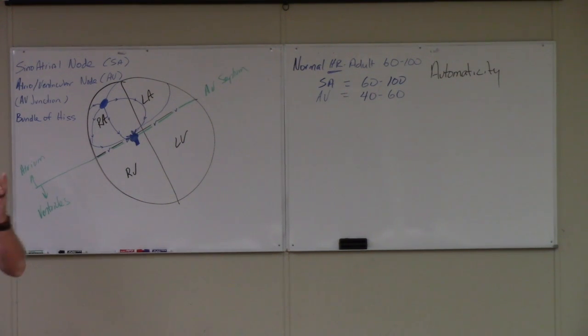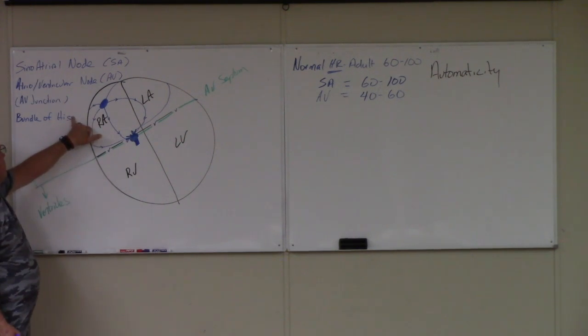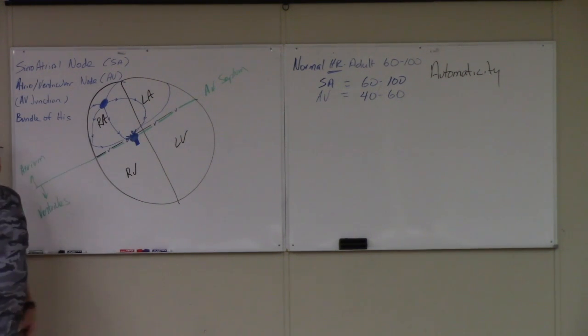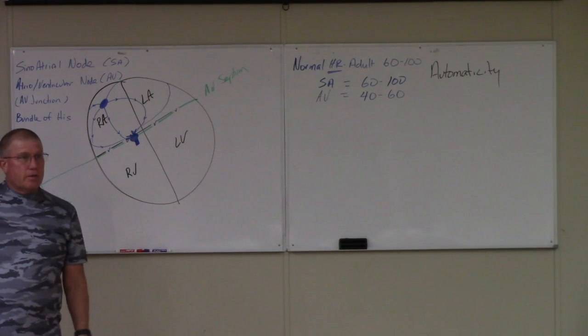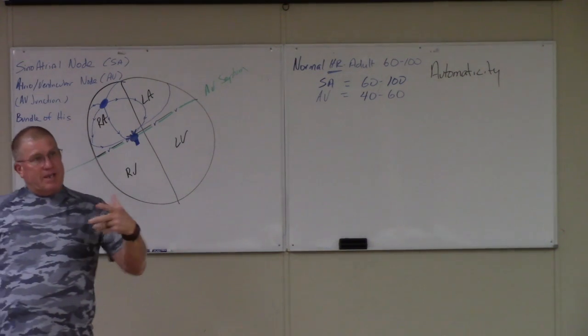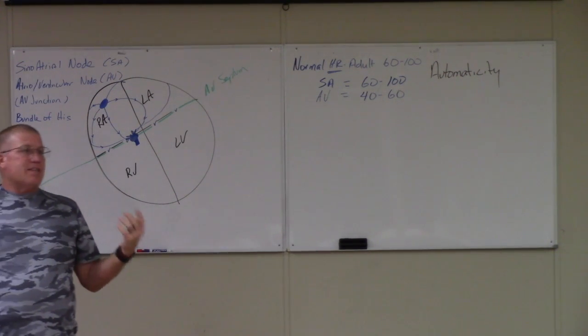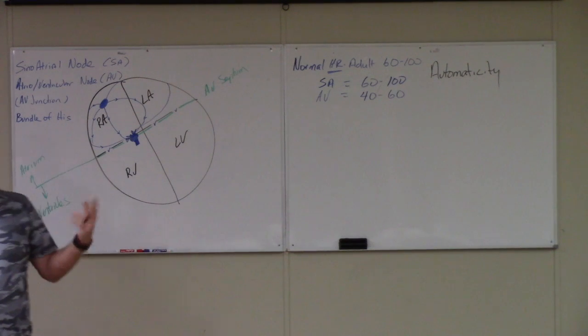And he figured out what his bundle of fibers were, and so it gave it his name. Well, over time, they have dropped the double S and went to His. So depending on your cardiology books, some still refer to it as Hiss, and some refer to it as His. Okay? One S or two S's.